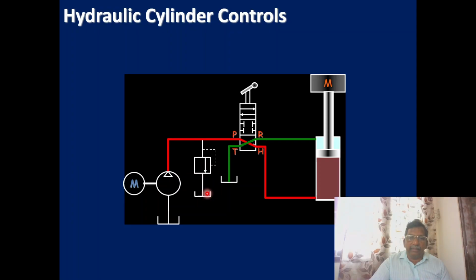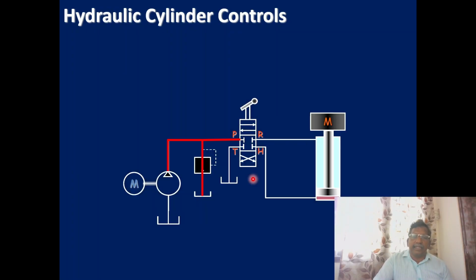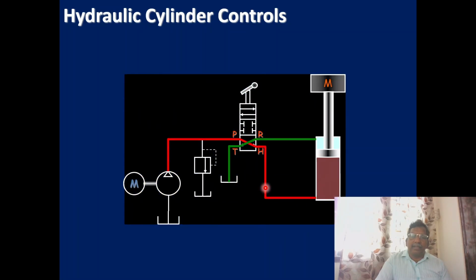and directs the fluid to the reservoir. Okay. These are all symbolically represented, how the fluid moves from blank end to rod end, whatever we need we can have. For example, now it is in center position, or center closed position. This is center closed position. Okay. Now we can see it's moving.